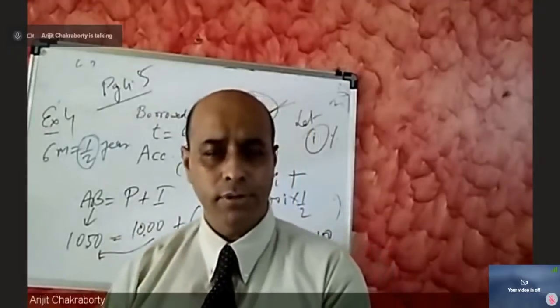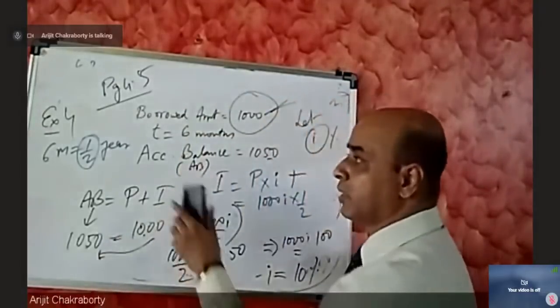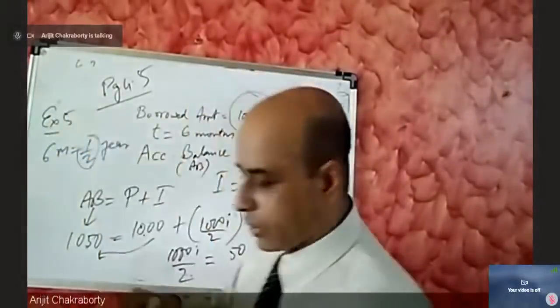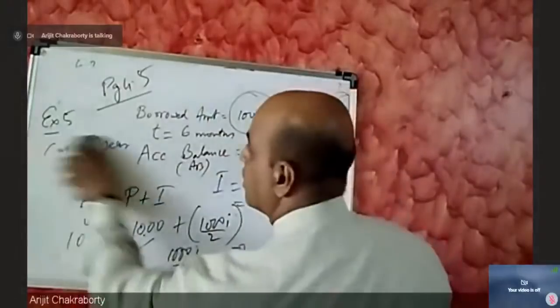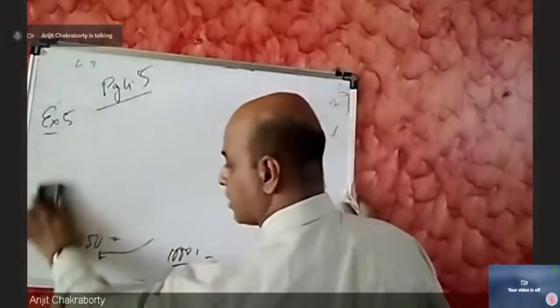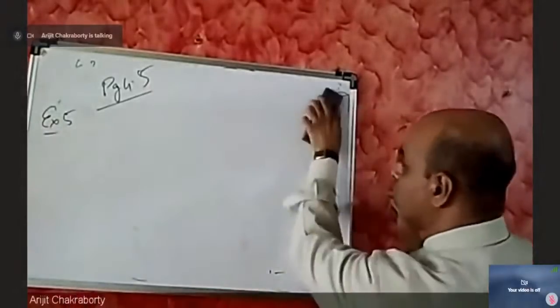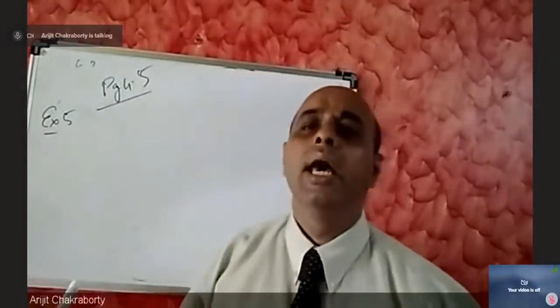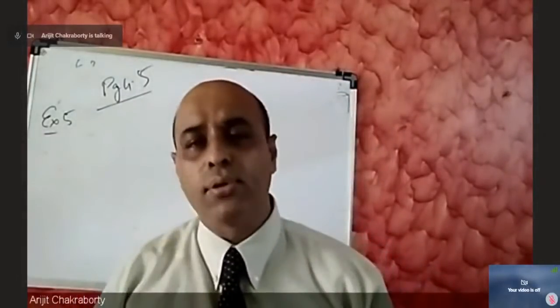Okay, so let us see this example now. So this is example number 5, page number 4.5 of the study material. We are strictly following the CA Foundation curriculum for this chapter, and we are strictly following the study material.